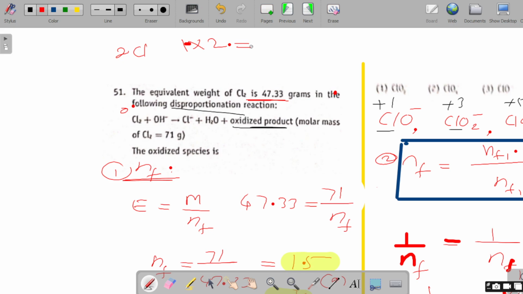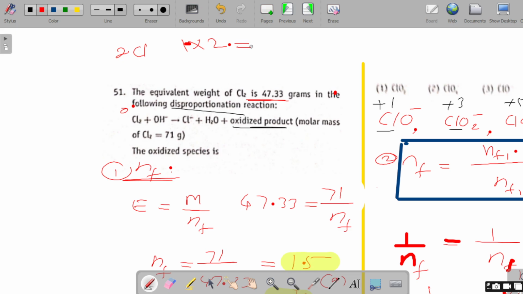Now let us go to the formula. Total nf is equal to nf1 into nf2 divided by nf1 plus nf2. Now what is the n factor we have identified?